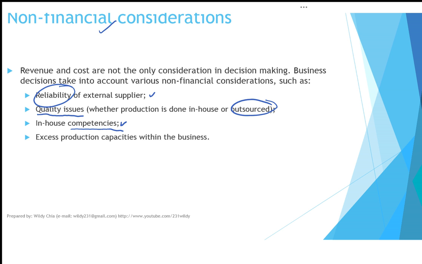Right, competencies can be very hard to acquire. Right, and for example, if you wish to produce certain customized goods in-house, it may not be very simple because your staff may need a certain amount of learning curve before they are able to produce the goods and services efficiently. Right, so this is quite an issue when deciding between making or buying.